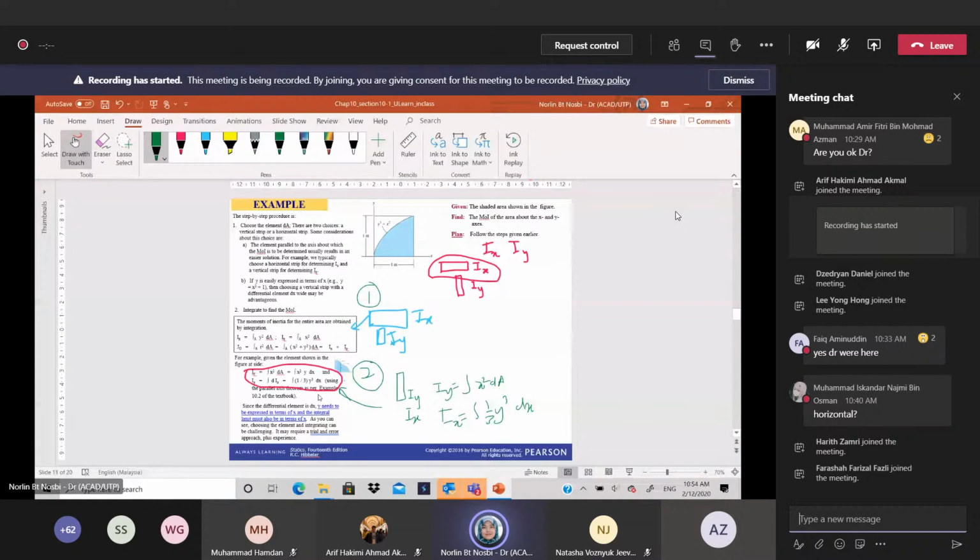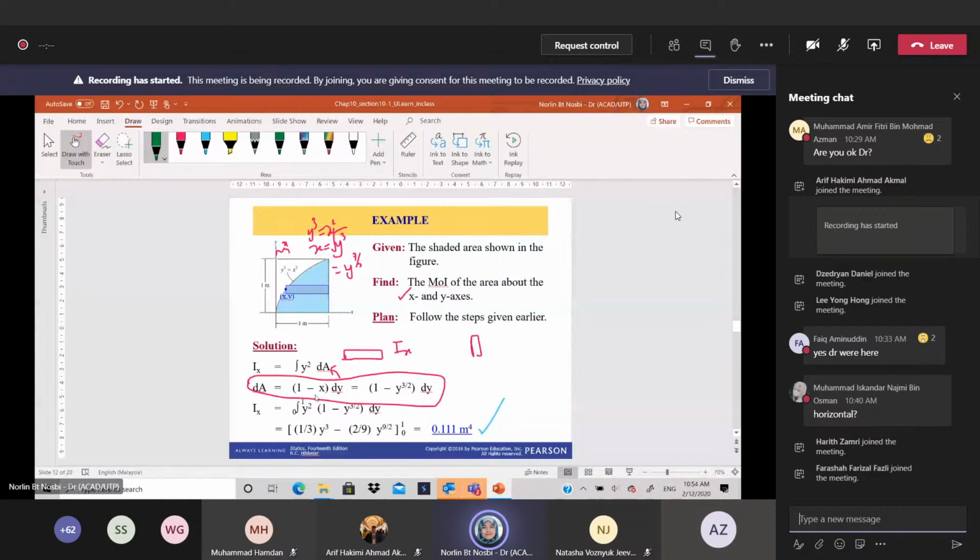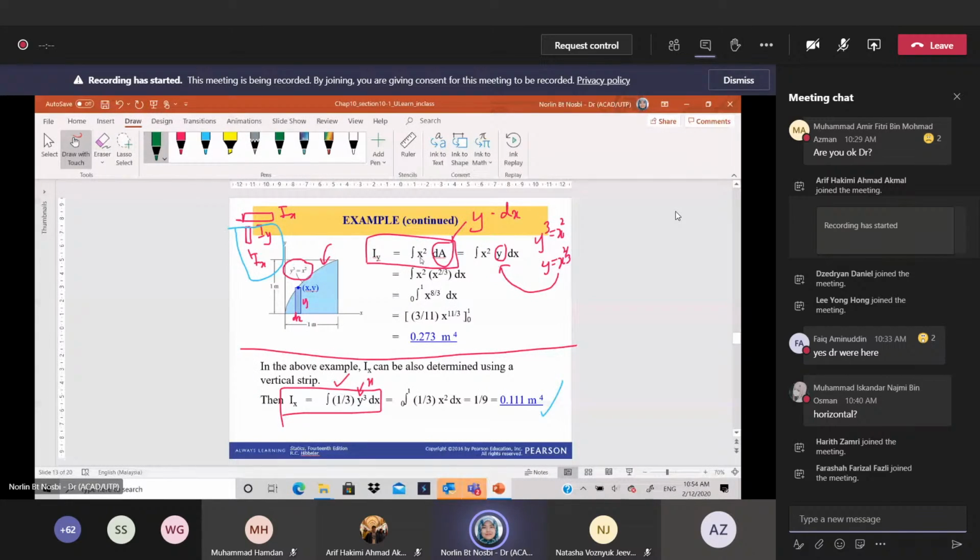This one, the first step, ix is y squared dA, and then iy is x squared dA. Another one, this one is the second step. You want to find the ix, but just use one vertical shape. This one has two shapes, horizontal and vertical. But at the bottom you use just a vertical. So make sure you all know.